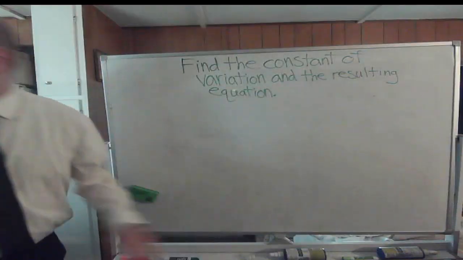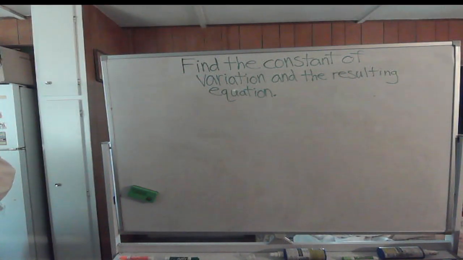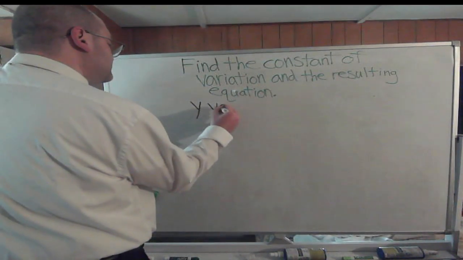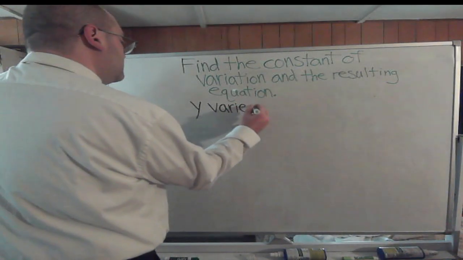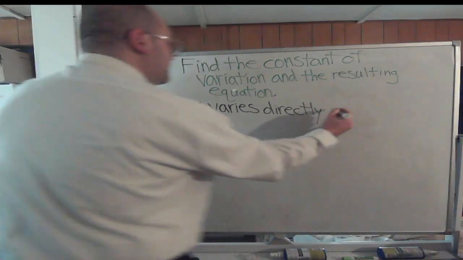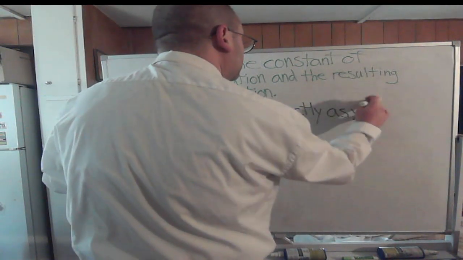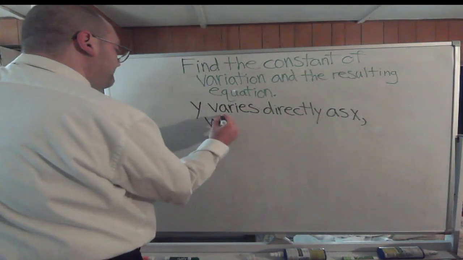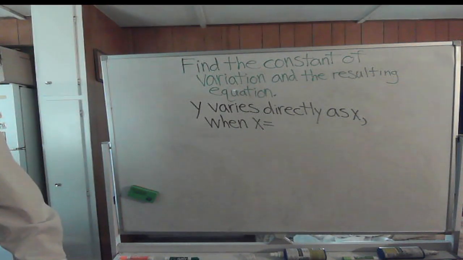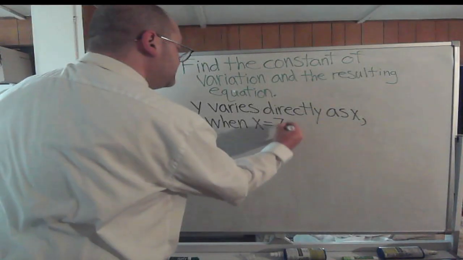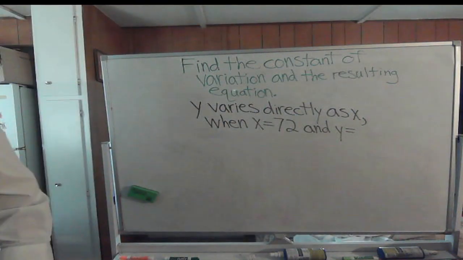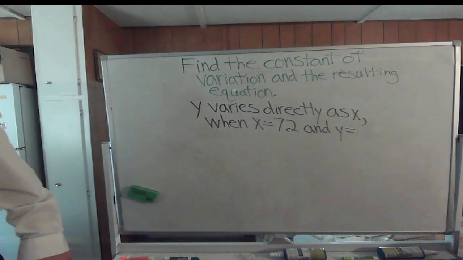All right, what's next? Y varies directly as x when x equals 72 and y equals 6.